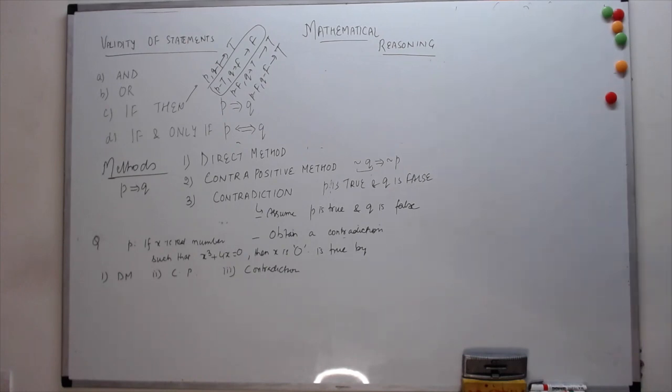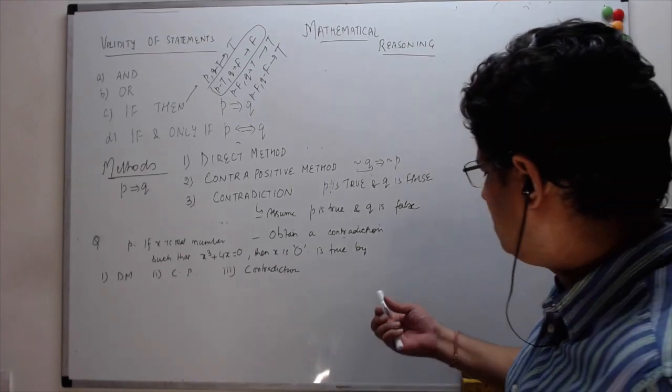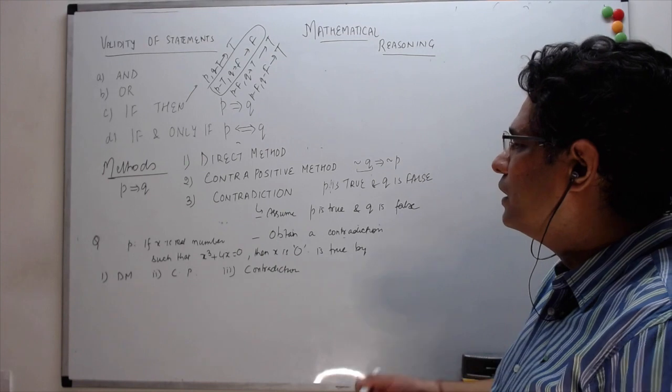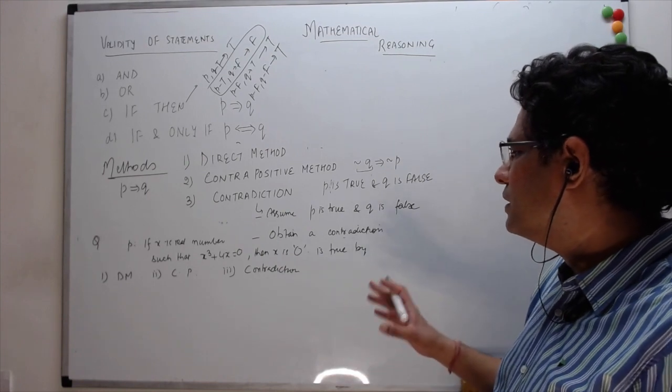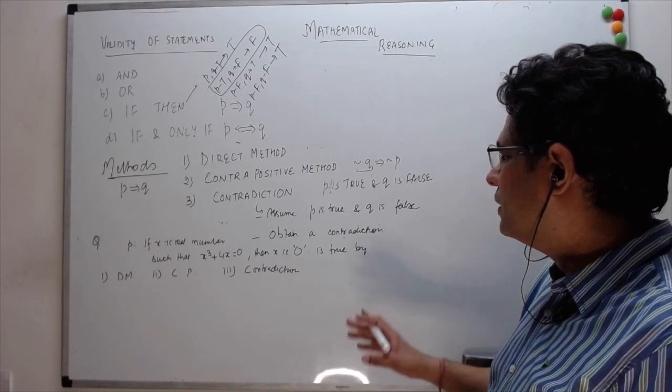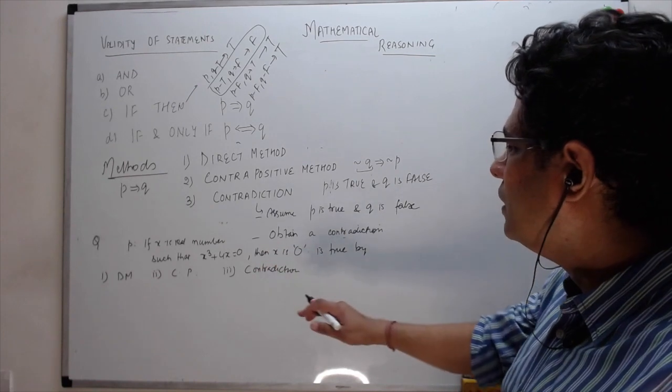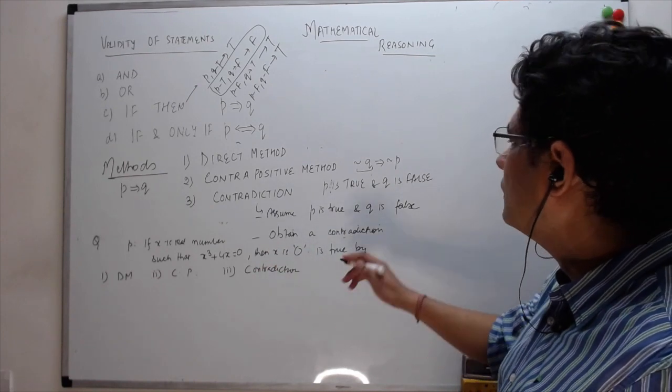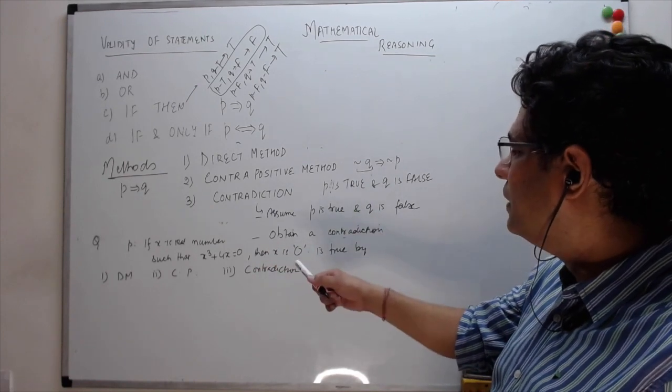So basically, in the case of direct, since we have x cube plus 4x equals 0, if x is real such that this equals 0, then x is 0. In the case of direct, we say that P is true.